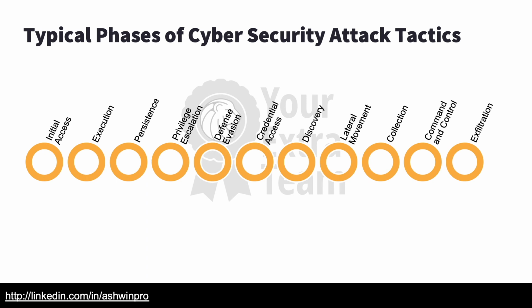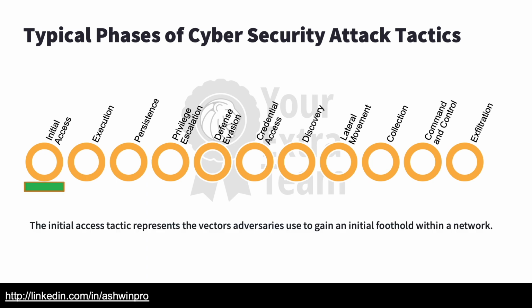Let's take a look at typical cybersecurity attack tactics that I, as an attacker, would use on the organization. The first thing is initial access. It is everything I do to gain an initial foothold within your network.